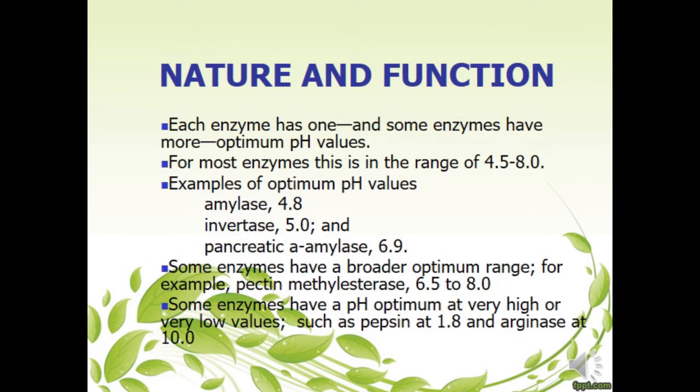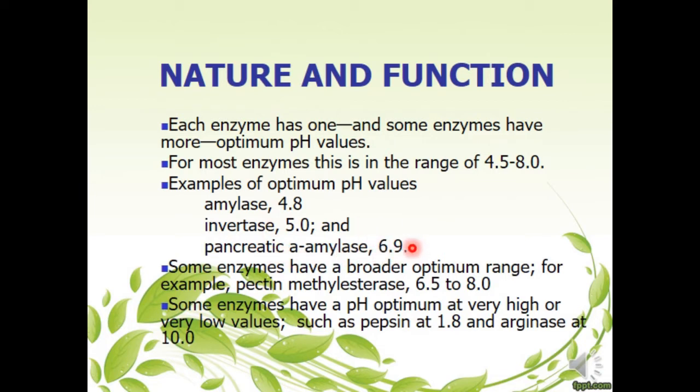Each enzyme will have its own optimum pH value where it works best. For most enzymes, the optimum pH is in the range of 4.5 to 8. Here are examples of enzymes and their optimum pH. For amylase, the optimum pH is 4.8, invertase 5, pancreatic alpha amylase 6.9.